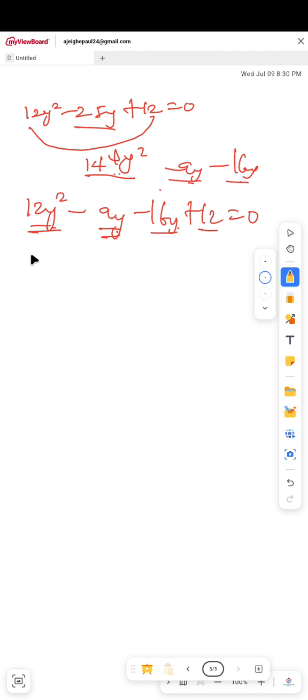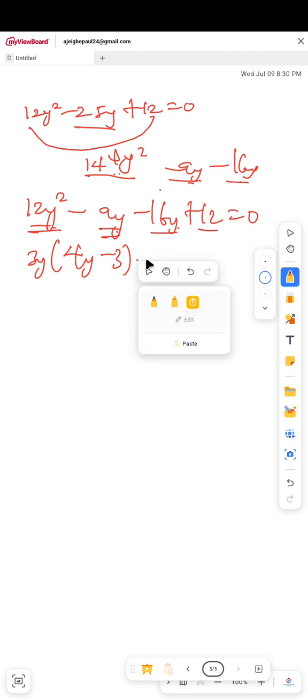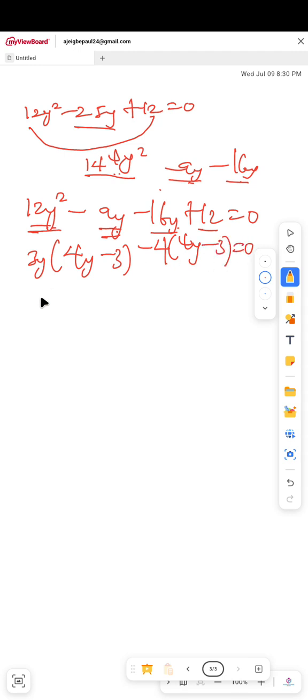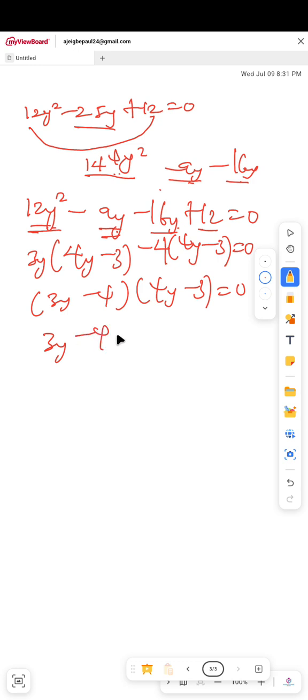So we're going to have 3y into bracket 4y minus 3, then minus 4 into bracket 4y minus 3 equals 0. So this will be 3y minus 4 multiplied by 4y minus 3 equals 0. So either 3y minus 4 equals 0 or 4y minus 3 equals 0.